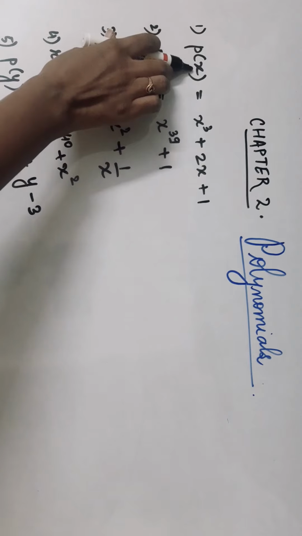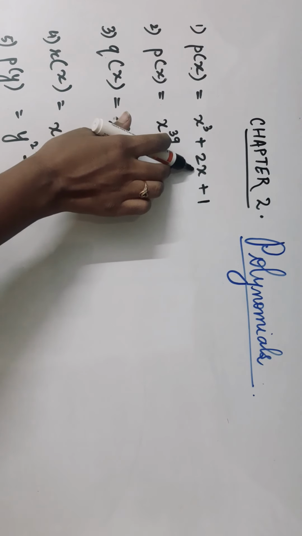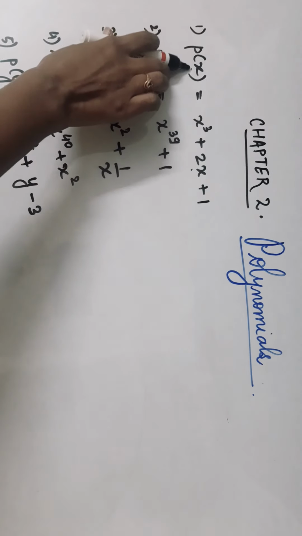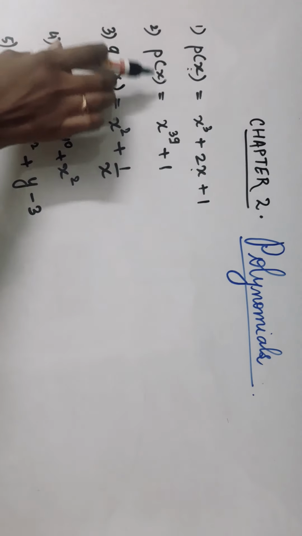This polynomial is in which variable? X. That's why x is written inside. Here the polynomial is in y, so it is P of y. Whichever variable is there will come inside the bracket. You read it as P of y, R of x, Q of x, P of x. Clear?